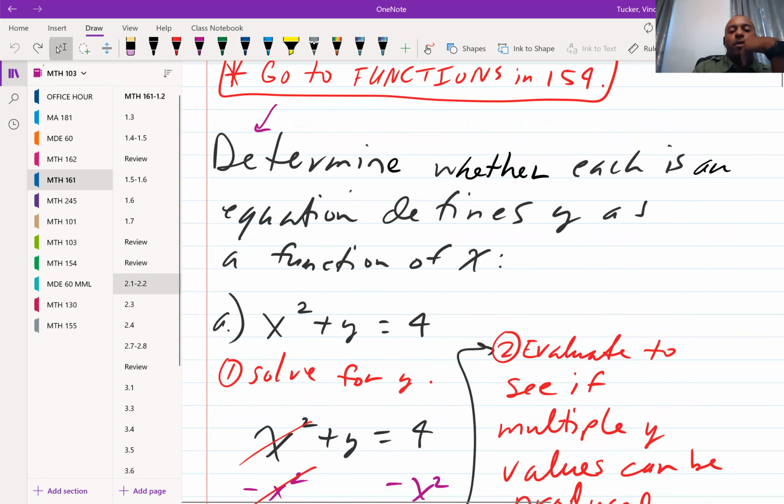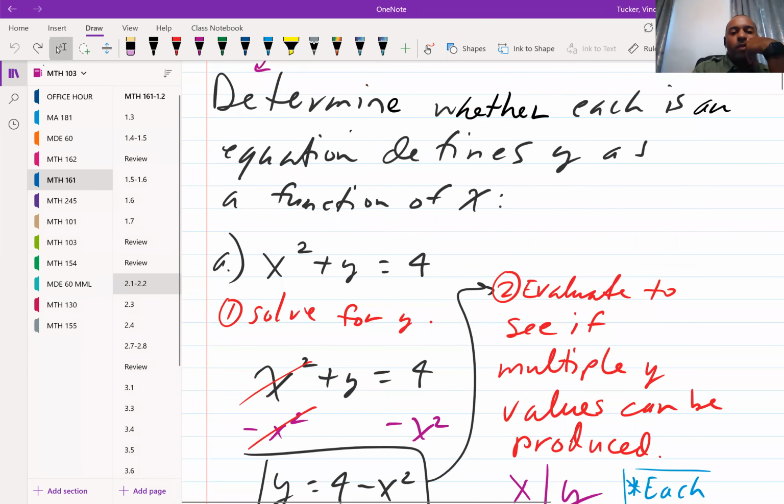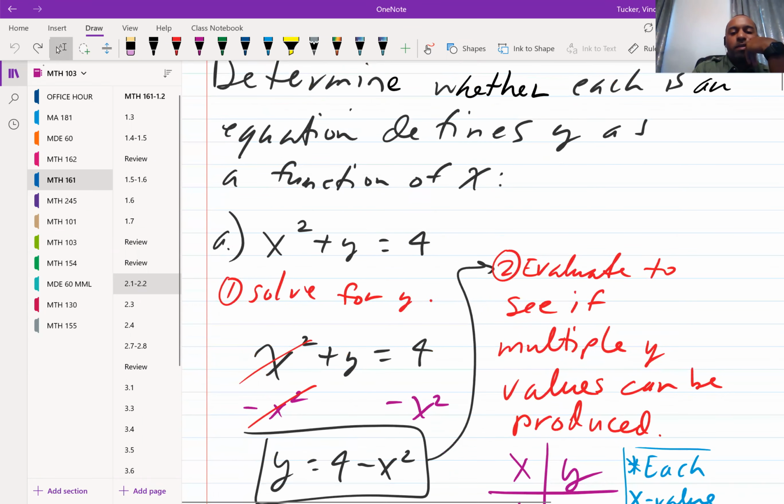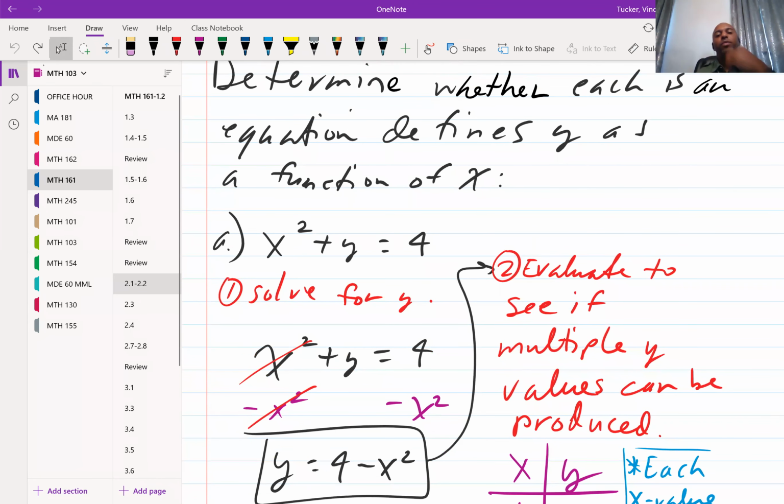First step, we want to solve our equation for y. So that's what we did here. We had x squared plus y equal to 4. To solve for y, we subtract x squared from both sides.